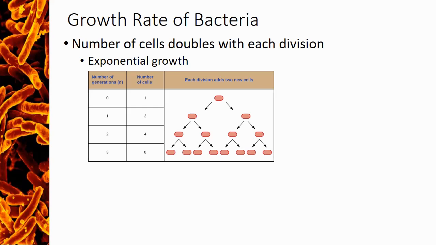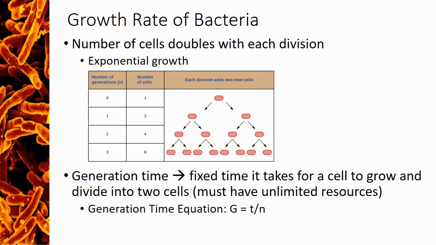The time it takes for this doubling is called the generation time. And you can calculate it with the equation that generation time equals time, or t, divided by the number of generations, represented by n. Keep in mind that the number of generations just means how many times the cell has divided or undergone binary fission.